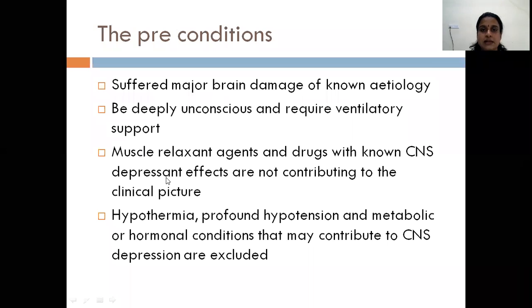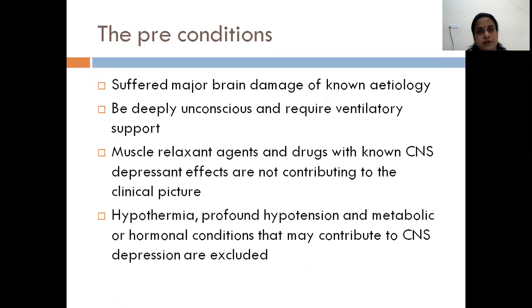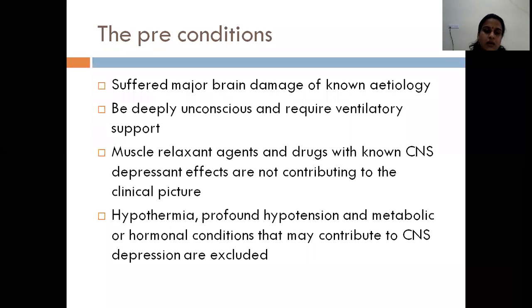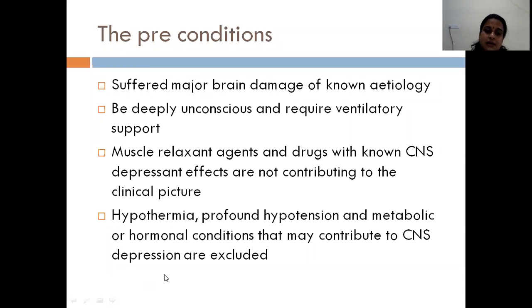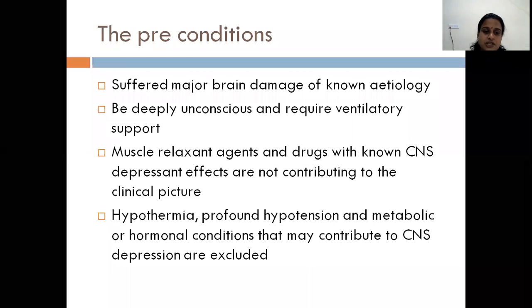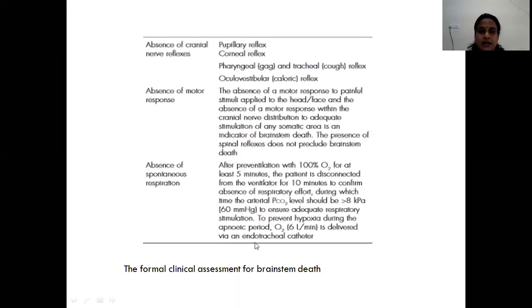If they have been administered, they have to be ruled out before declaring the patient brain dead. Other causes that contribute to central nervous system depression, like hypothermia, profound hypotension, and metabolic or hormonal conditions, also have to be ruled out.